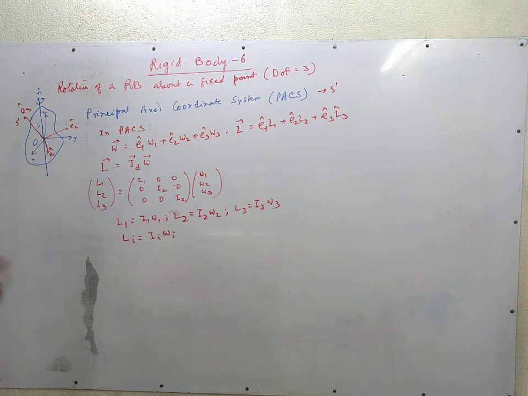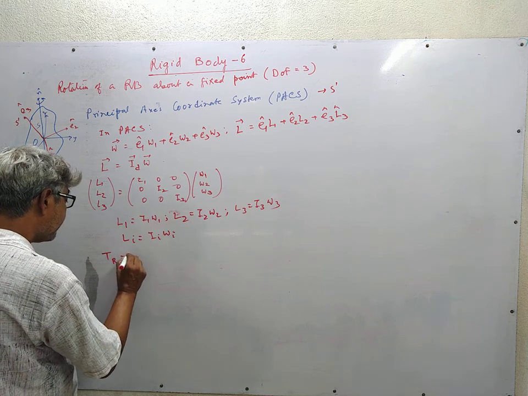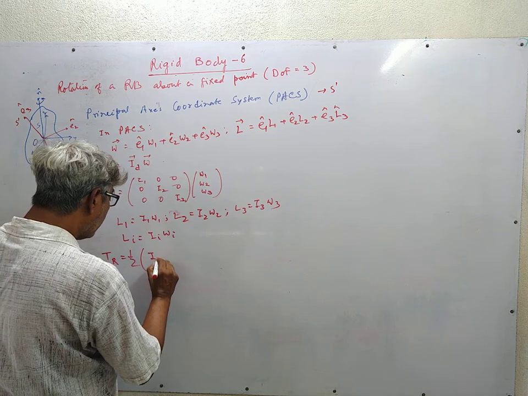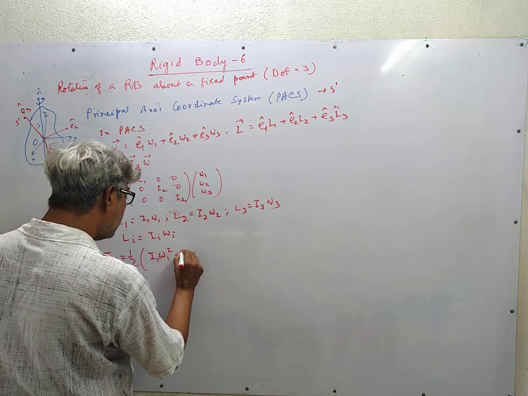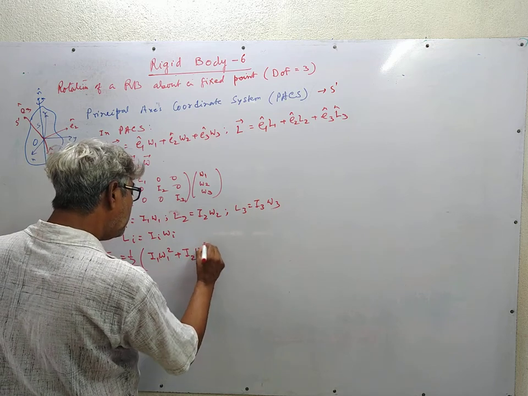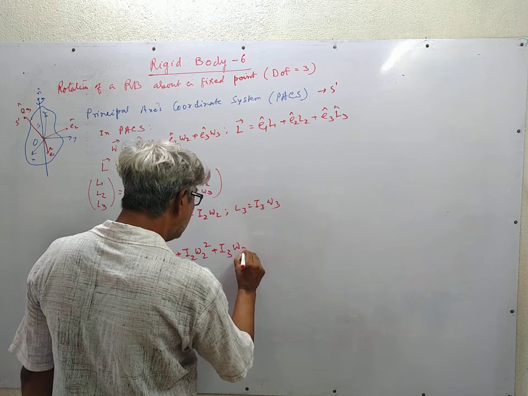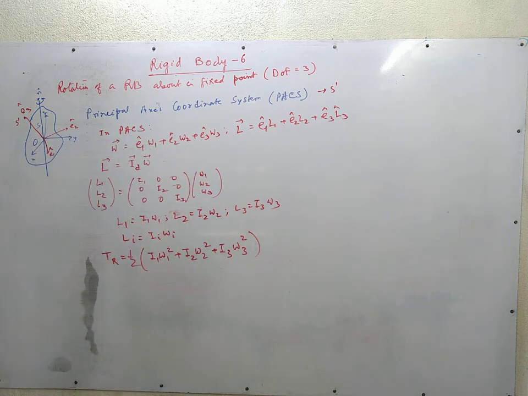And if we write the kinetic energy expression, this becomes half I1 omega 1 square plus I2 omega 2 square plus I3 omega 3 square. There is no coupling between the angular momentum belonging to different directions.